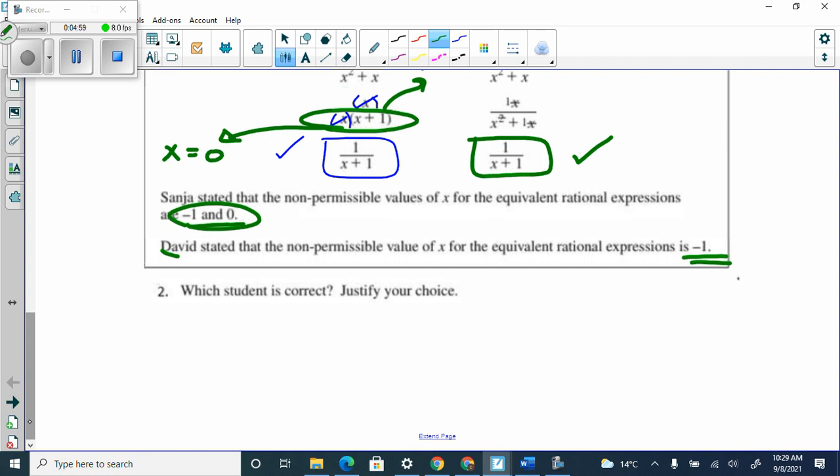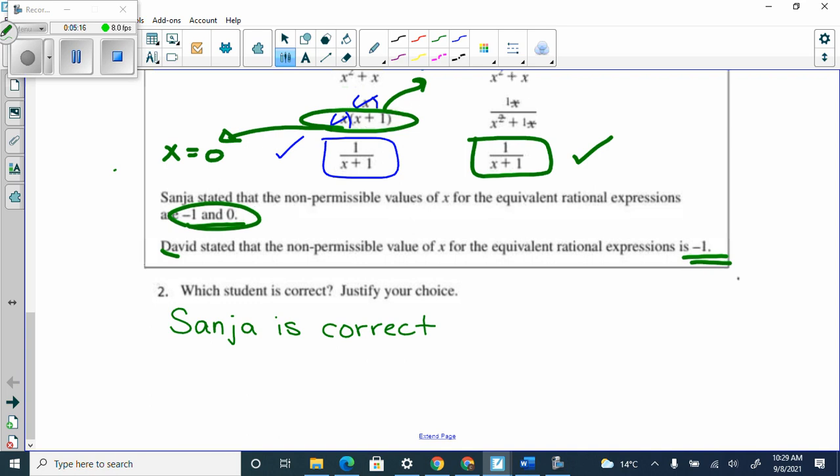Okay? So which student is correct? Sanja is correct. Which, if this bullet was out of 2 marks, you'd get 1 if you stopped there, because you didn't justify, right? You just answered one part of it.